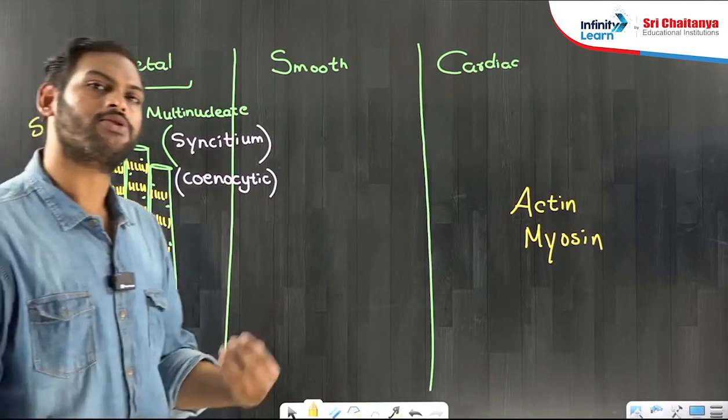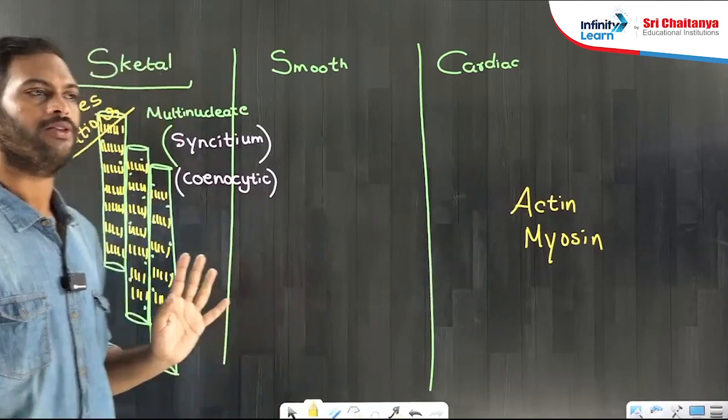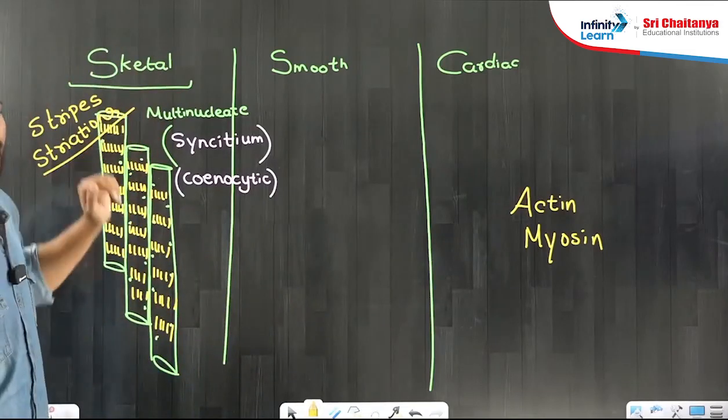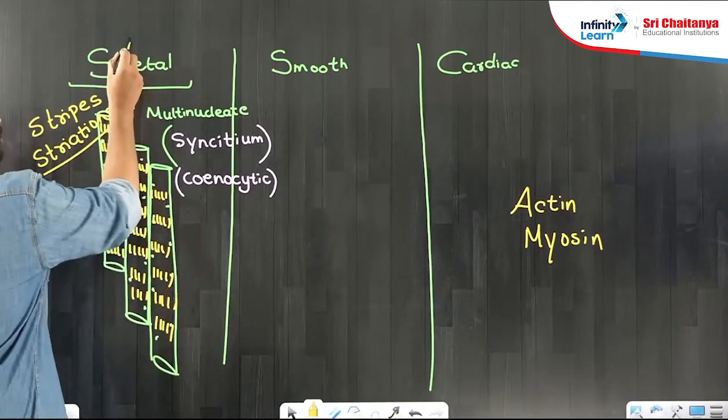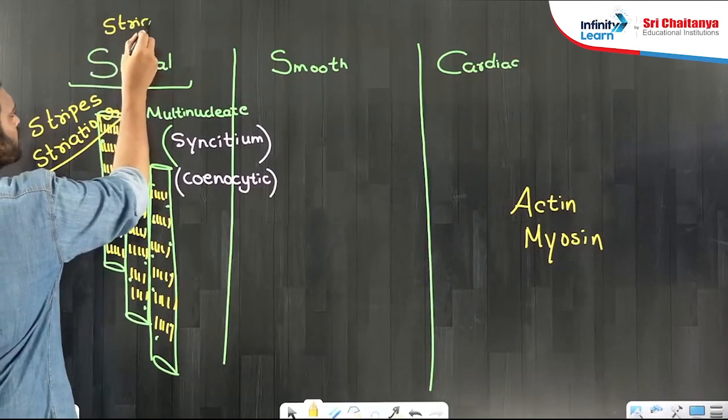Guys, you can call them stripes or striations, up to you. Therefore, skeletal muscle is also striated in appearance.